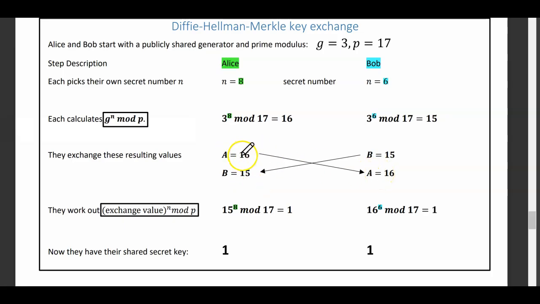And then they work out with that number, combining with their secret code, and they end up with a 1. Bob does it with his secret code. He gets a 1. That's how they get their shared secret key. This would then form the basis of another encryption method. So this is just to get a shared key for another encryption method, versus RSA, which is actually a way to encrypt.